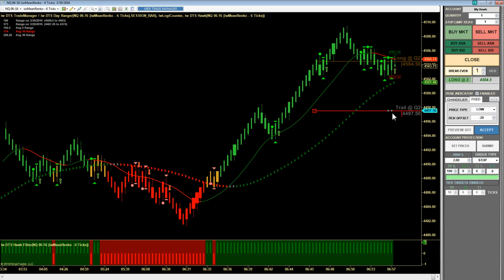Now watch the blue dots here. If we happen to finish higher, the trade manager is going to take my stops and automatically roll them according to my stop strategy that I've selected. So what that means is that this trade is now essentially hands-off.